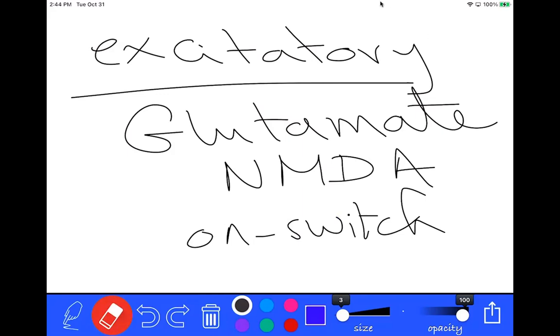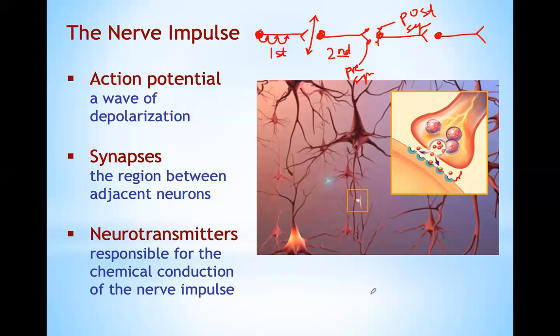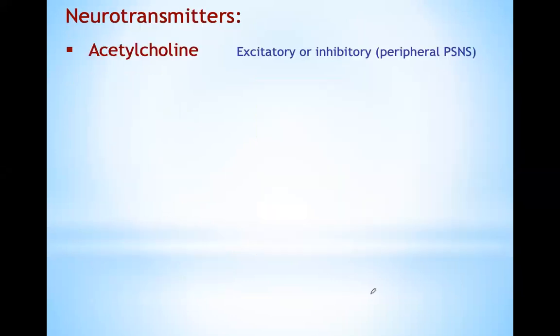The concept of neurotransmitters is very important, not just in pathophysiology, but also in pharmacology. And understanding this concept is the basics for understanding many neurologic and psychologic disorders. Acetylcholine can be excitatory or inhibitory.